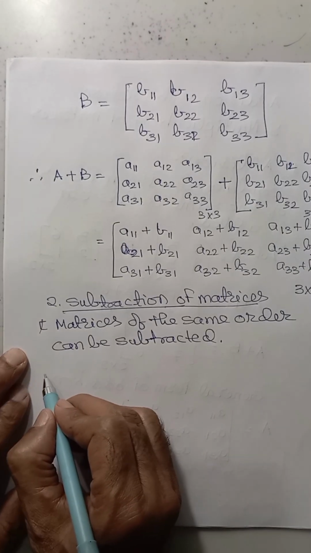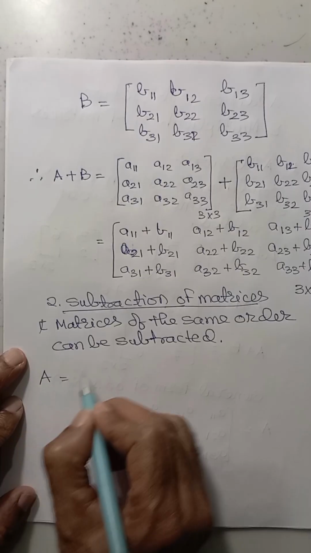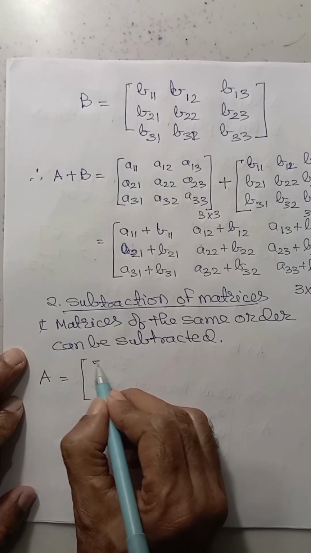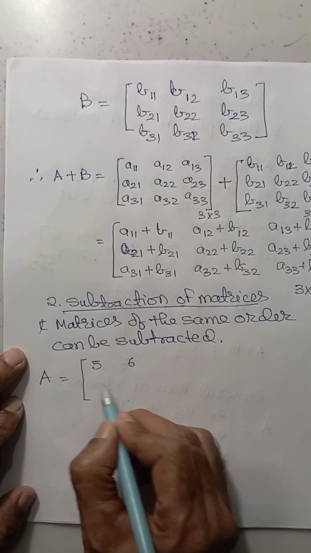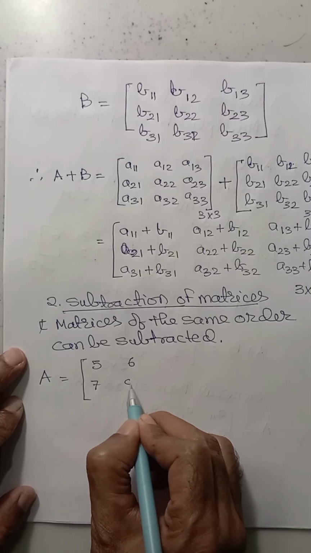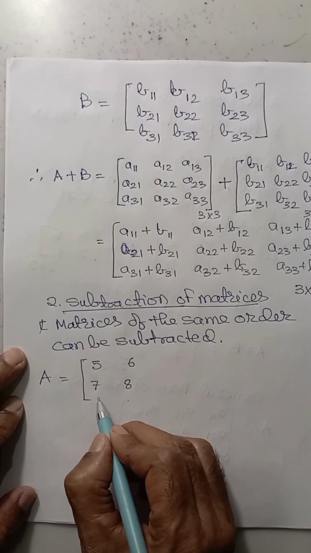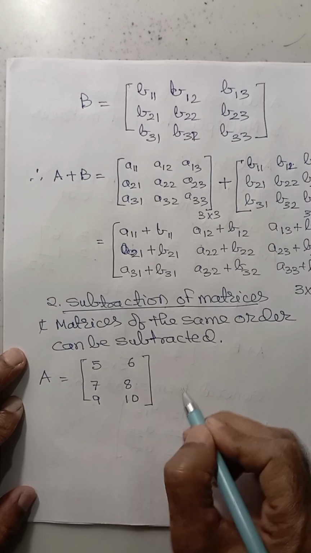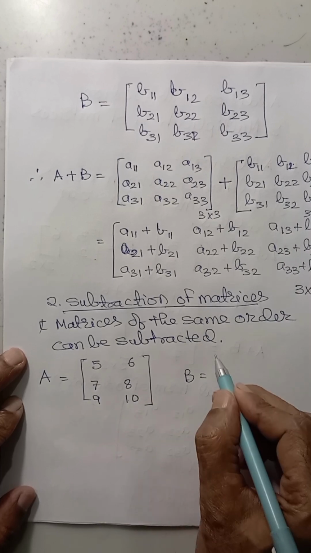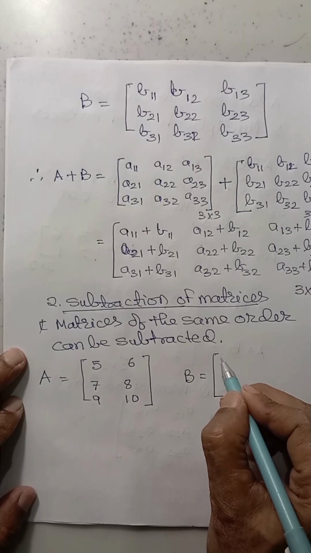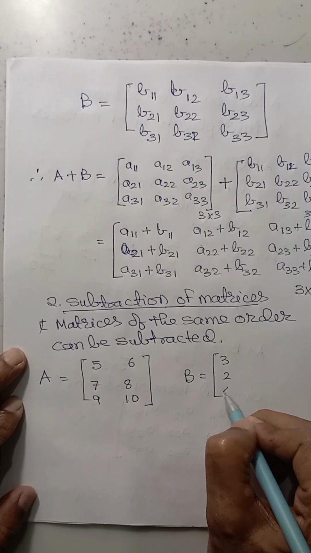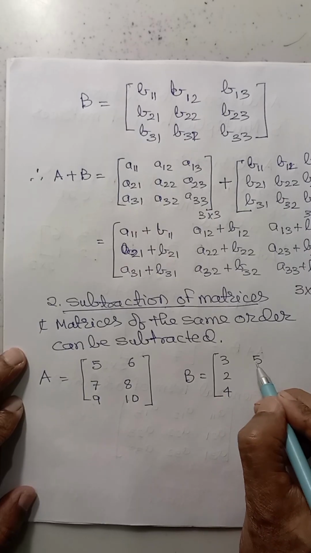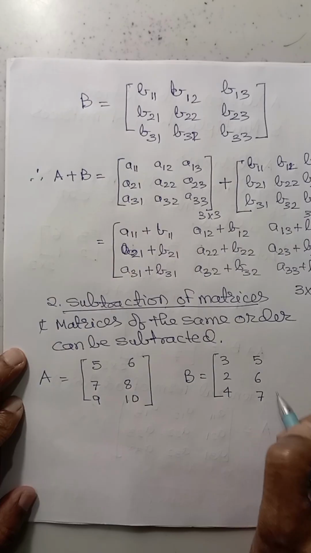So suppose A is equal to 5, 6, 7, 8, 9, 10 and B is equal to 3, 2, 4, 5, 6, 7.